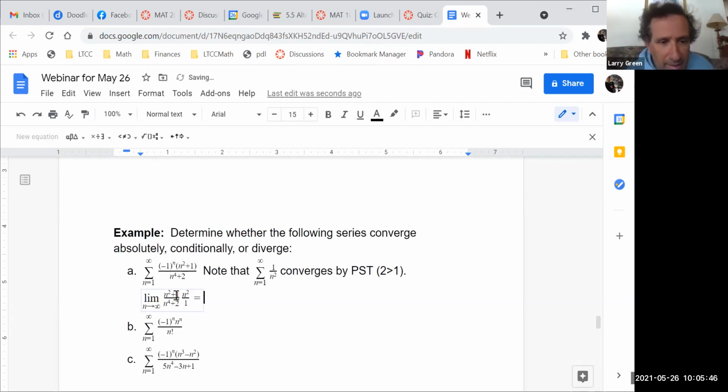And that is equal to the limit of (n to the fourth plus n squared) over (n to the fourth plus 2). And then I can either use L'Hopital's rule twice, or I could divide by n to the fourth. You choose. Either way, I get 1.